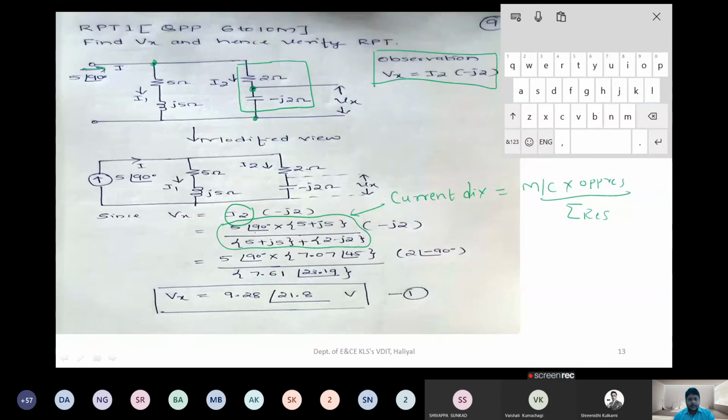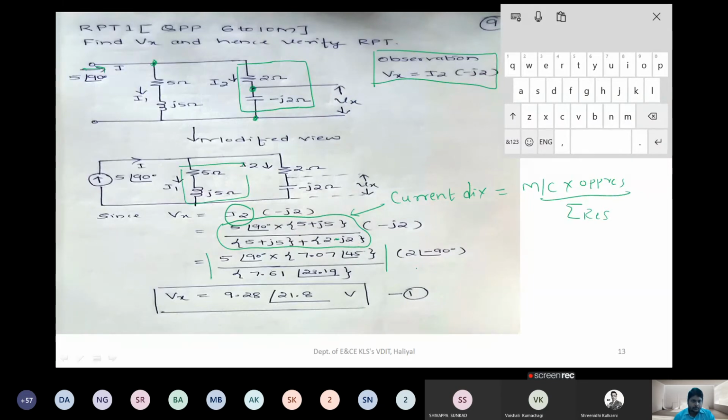The main current is 5 at an angle 90, multiplied by the opposite impedance, in this case this entire impedance, 5 plus j5, divided by the summation of the entire impedance, 5 plus j5 plus 2 minus j2. If you do this and calculate, you will get this part.